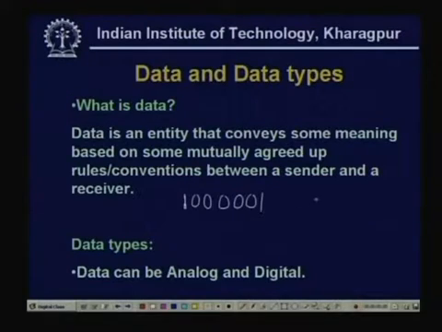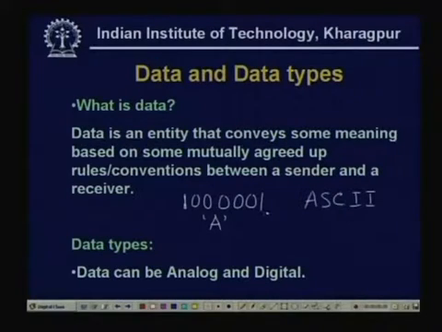But once it is told that an ASCII character has been sent, as you know, ASCII stands for American Standard Code for Information Interchange, and whenever the sender informs that this is an ASCII character, the receiver will know that an ASCII character has been sent, which is nothing but the character code for the character A. That means A has a 7-bit code 1000001.